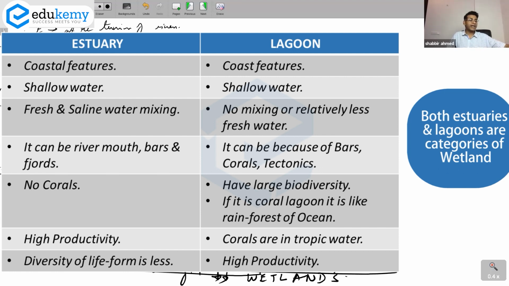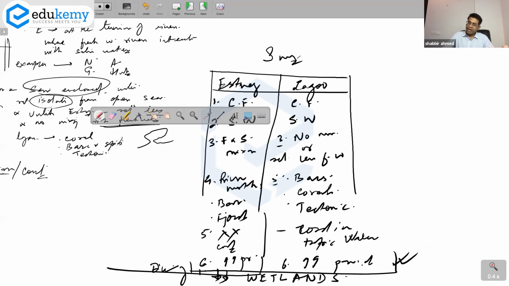If you compare estuaries with lagoons, in the estuaries the diversity of life forms is far lesser. Lagoons can have very high biodiversity. Especially if it is a coral lagoon, then it is almost like the rainforest of the oceans.